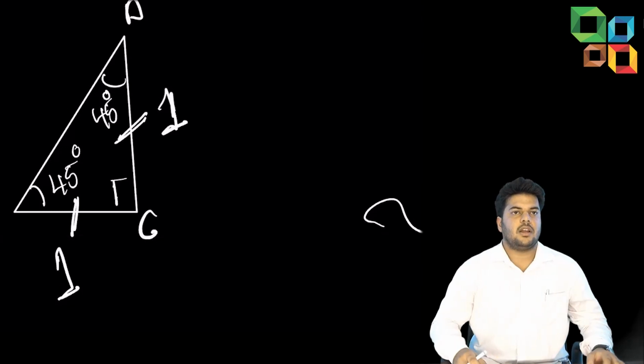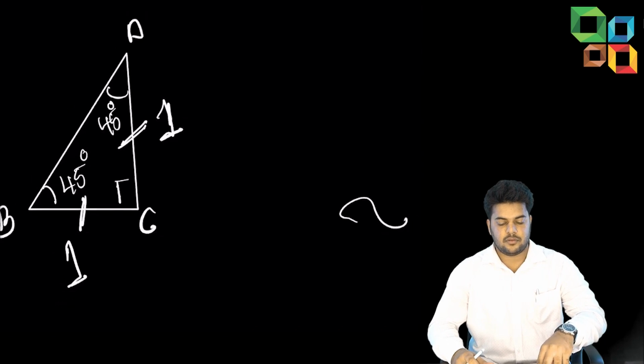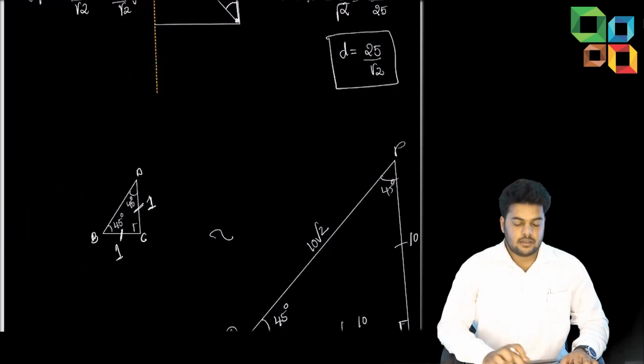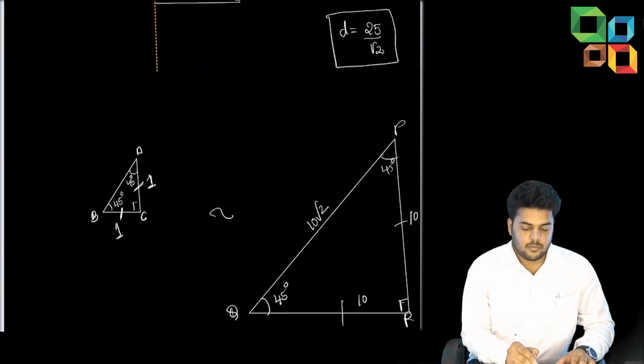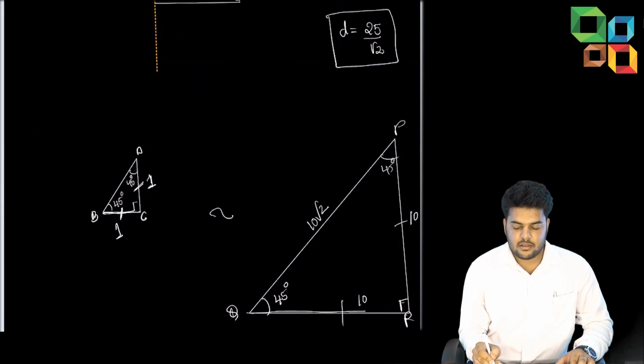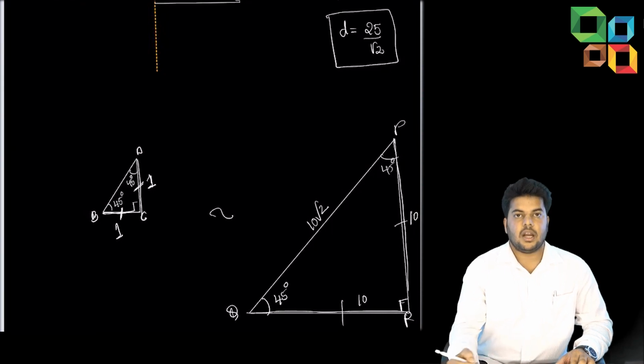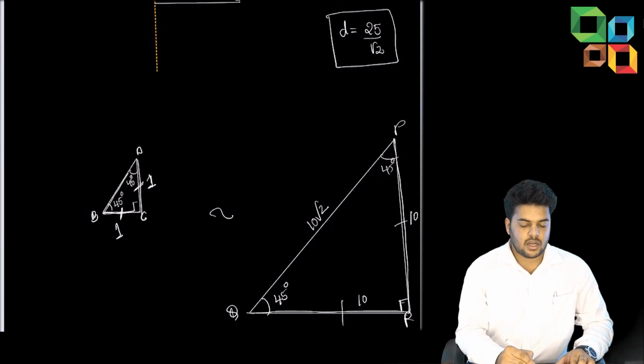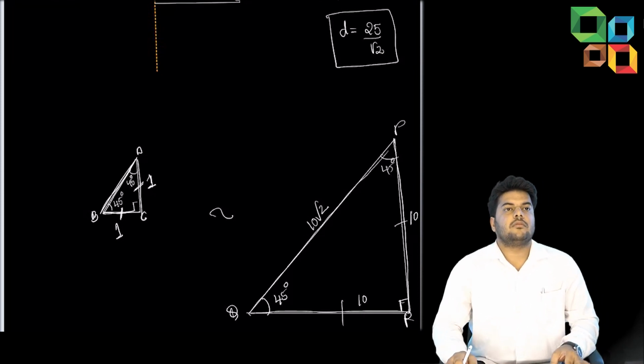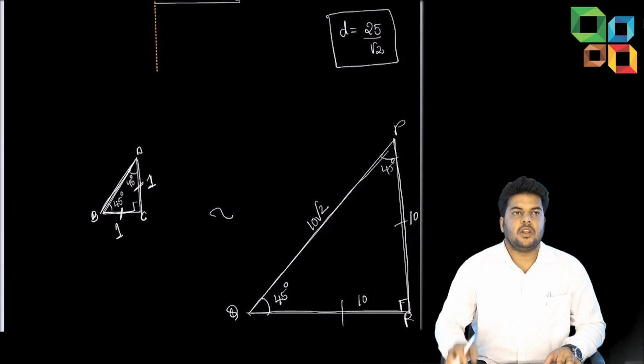You zoom all of them to the same extent. So if BC you have zoomed by 10, you zoom AC also by 10, and automatically you have to zoom the hypotenuse also by 10. Right? So 10 root 2.